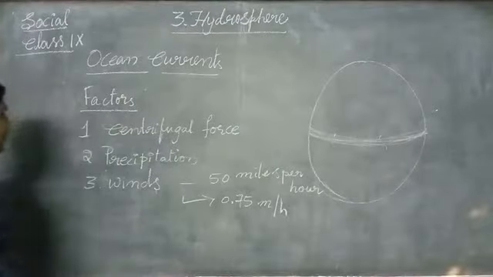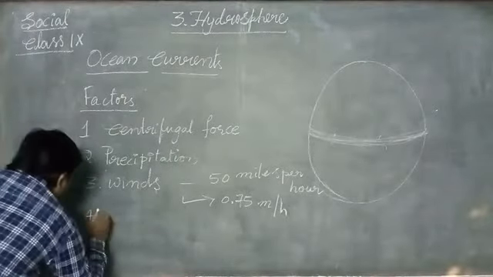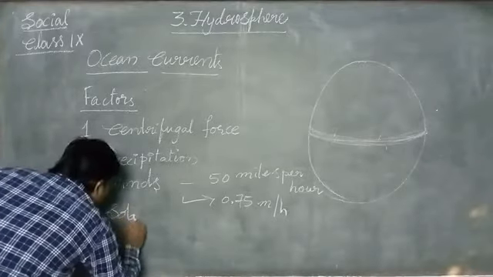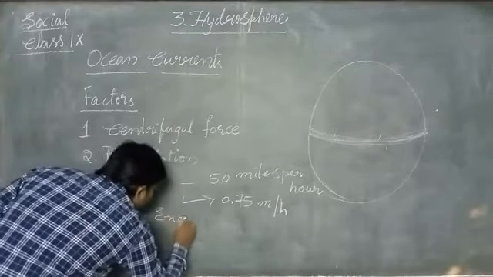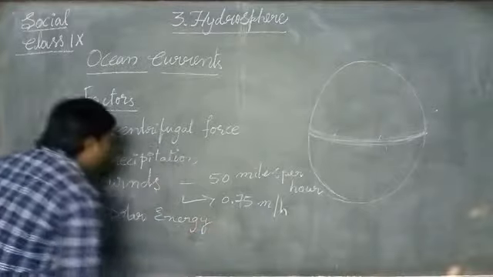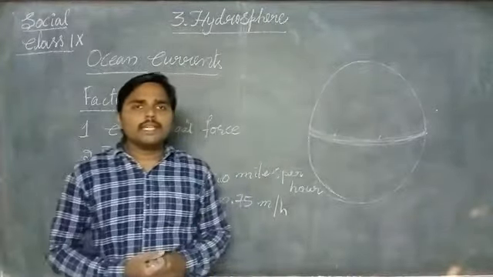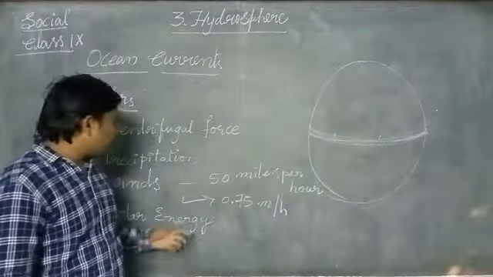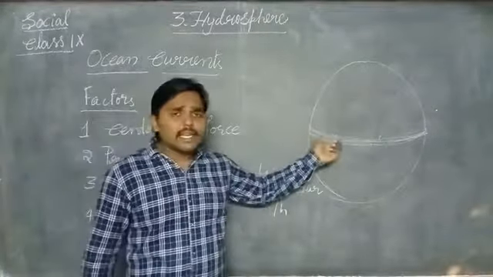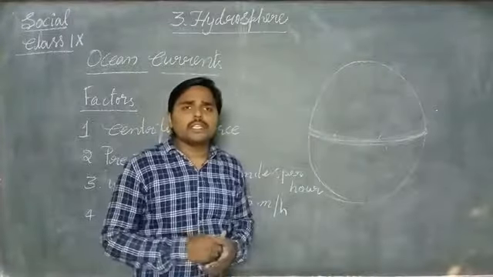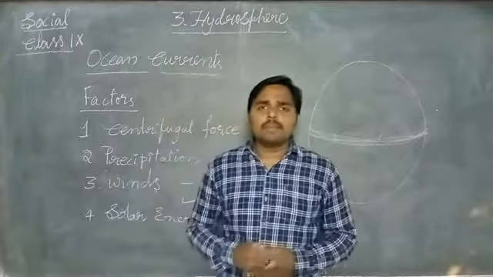Finally, the last one is solar energy. How would solar energy affect the formation of oceanic currents? The equatorial region gets a very high amount of solar energy during the summer season.